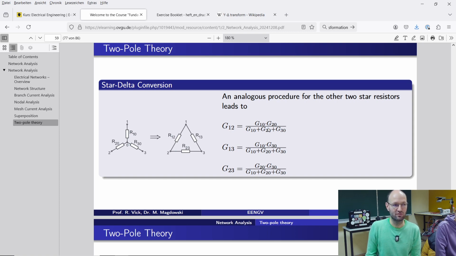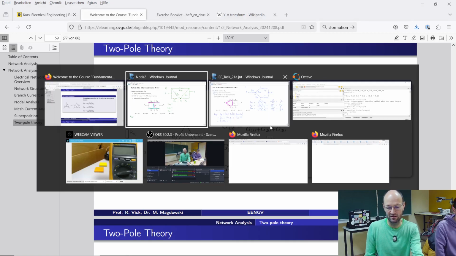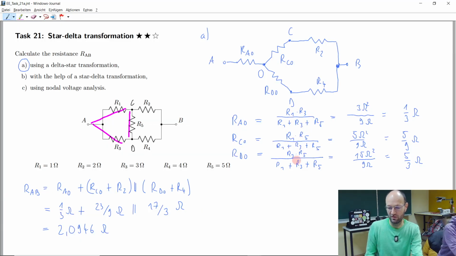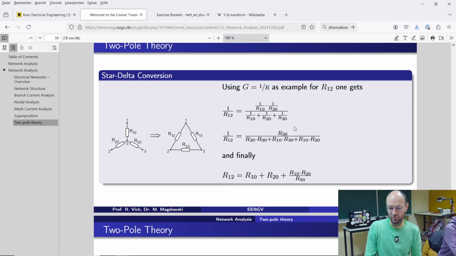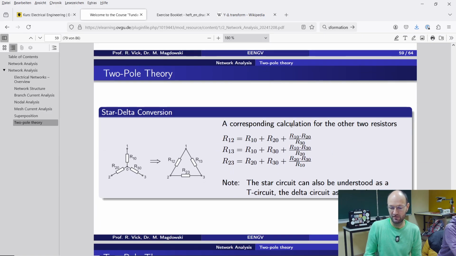And so we could now convert all our resistors into conductances and use the very same formula that we used before, right? This was the same thing, but just with resistors, the other way around. Or we could do this additional step, transform it back into resistors, and then we get these equations here.